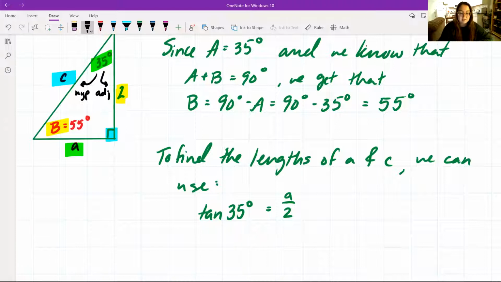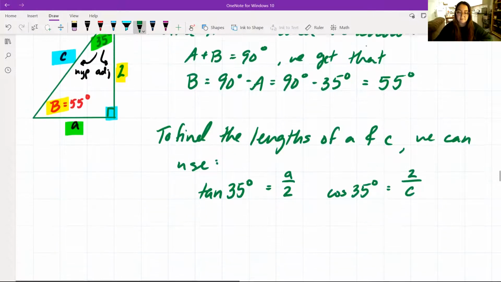So we can find the value of C by stating cosine of 35 degrees, that angle measurement that we chose there, is going to be equal to adjacent over hypotenuse, so 2 over C.